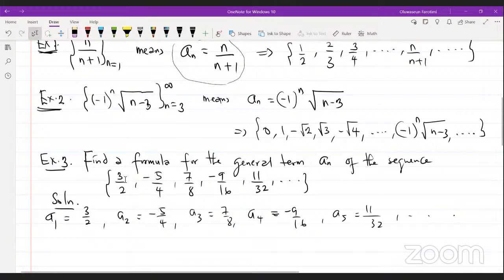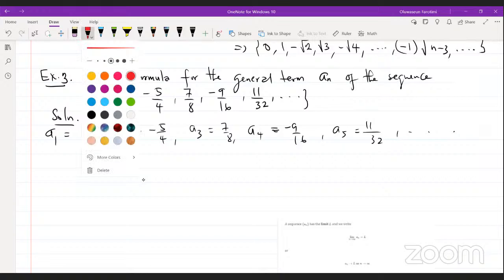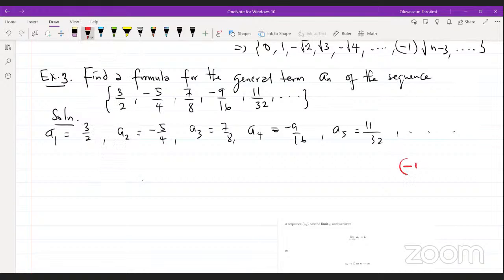Now, what did you notice, guys? Did you find out that we have alternating signs? The first term is positive, second term is negative, third term is positive, fourth term is negative. Whenever you have alternating signs, it means there's an inclusion of negative 1 to the power of n, or negative 1 to the power of n plus 1.